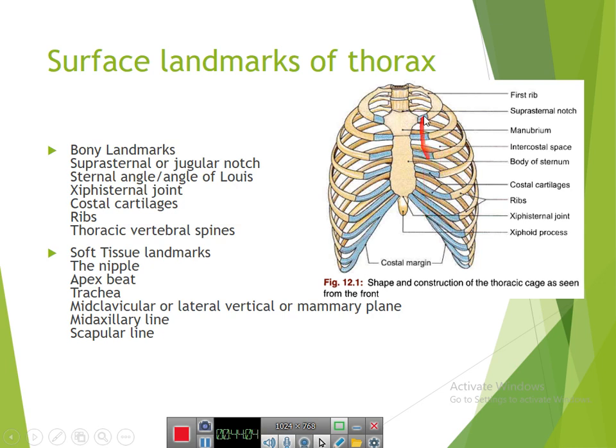You should count the ribs from upward to downward and to the lateral. The intercostal spaces are wider laterally than anteriorly. So the sternal angle or angle of Lewis is very important for counting the ribs and for much work you can do on the thorax.